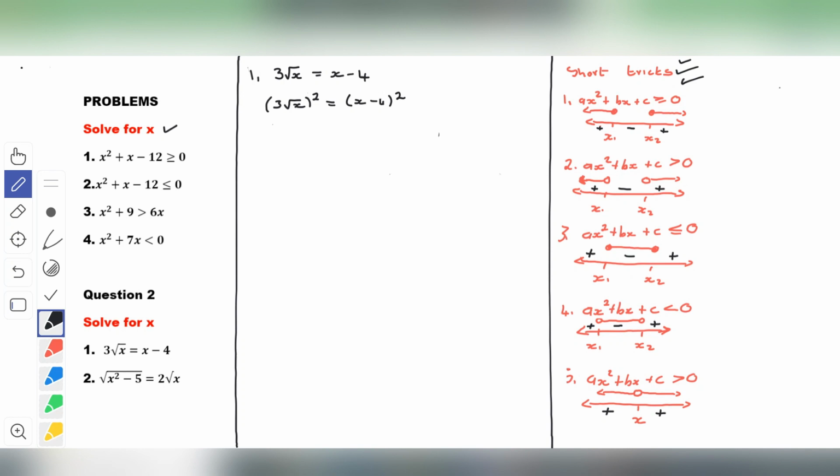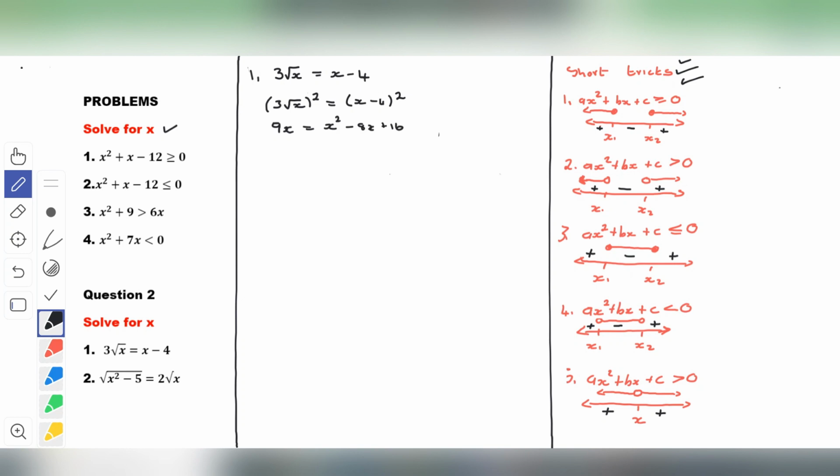Then, because there is a 3 here, it's going to be 3 to the exponent of 2, which is 9. What was the aim of squaring both sides? It was to remove the square root. So we'll be left with 9x is equal to x squared minus 8x plus 16, right?